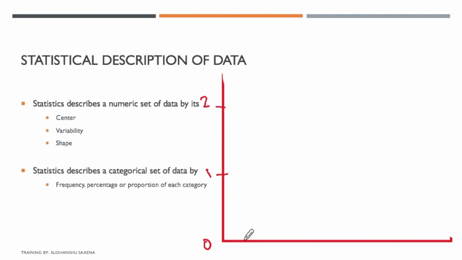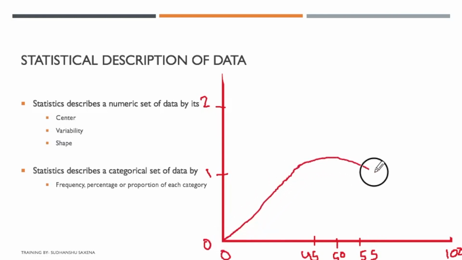If I have 0 to 100, right, this is where somewhere we have 50, and somewhere we have 45, and somewhere we have 55, right? I would say it's 55, right? So one batsman is actually ranging from here to here, and one batsman is ranging from here.